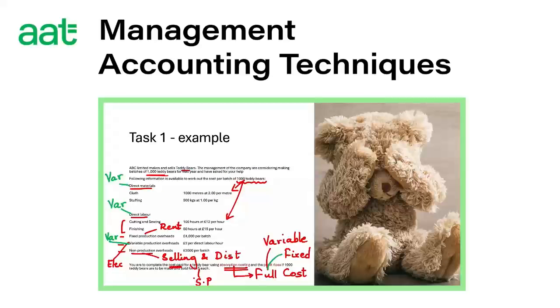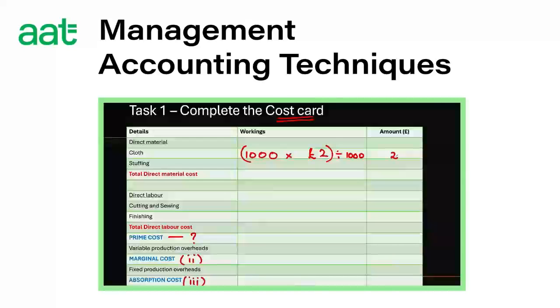Then the stuffing, for all those 1,000 teddy bears, they use 500 kilograms and it costs them £1 per kilogram. Again, we divide it by the batch of 1,000 that this is going to make, and that gives us 50p as the cost of the stuffing for each teddy bear. So the total direct material cost, which in itself could be worth a mark in your exam, would be £2.50.